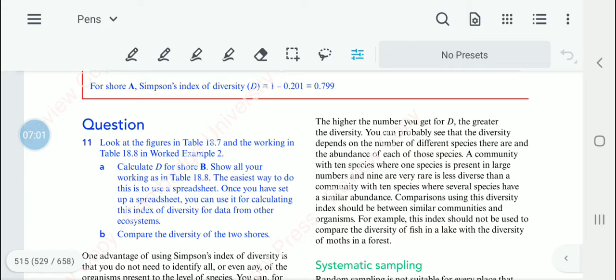We can name them differently and find their diversity.